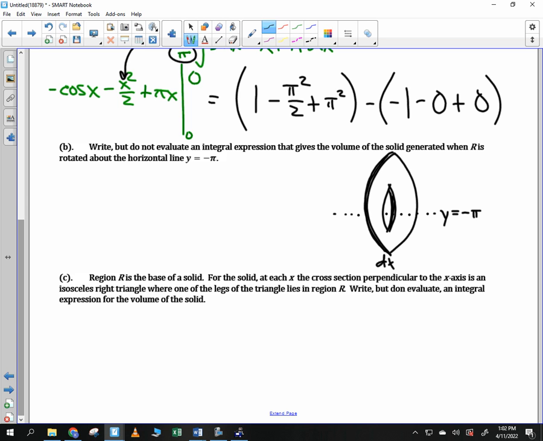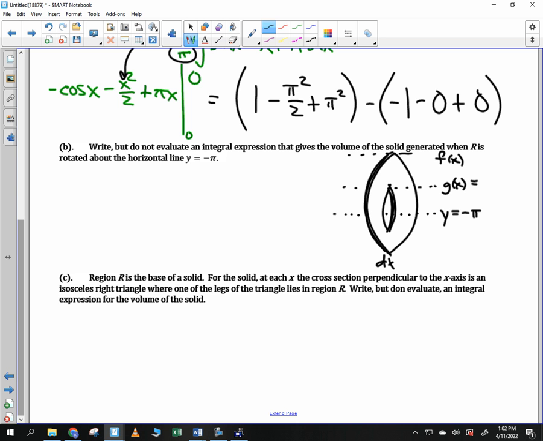And you guys are smart. What makes this inside part of my revolution? Is it g of x? And did we say that was y1 or y2? Well, it doesn't really matter because we don't get to use our calculator, do we? No. Okay. All right. And then the top one is f of x.